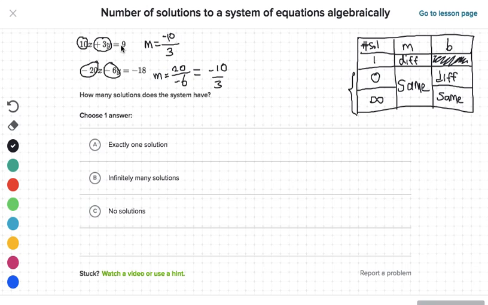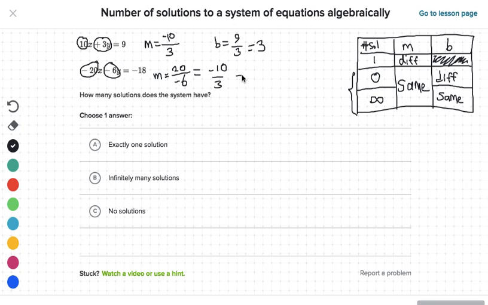We can almost see what might happen, because we've got some very similar numbers going on here. With this one, our y-intercept b is 9 over 3, the third term 9 divided by the y term 3, giving us 3, so a y-intercept of 3.